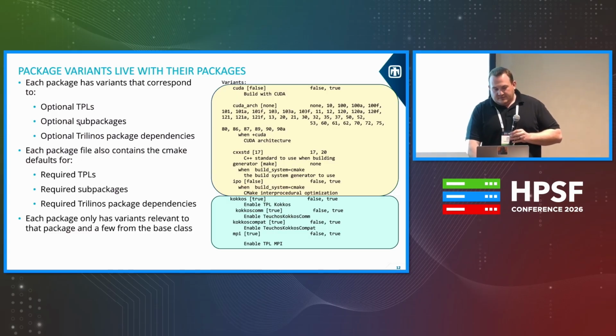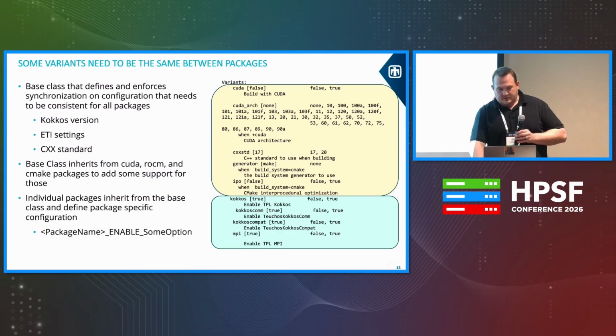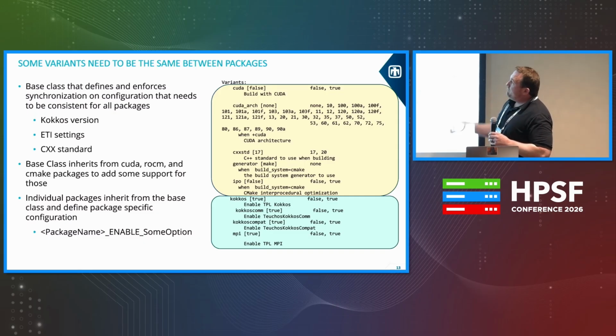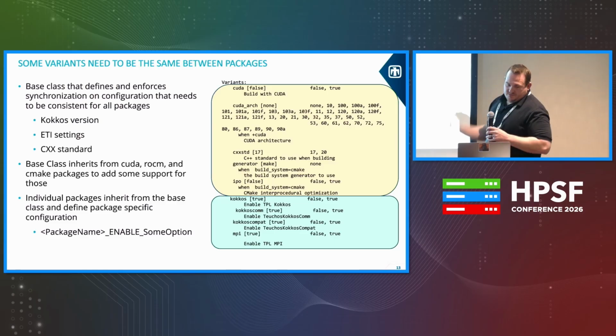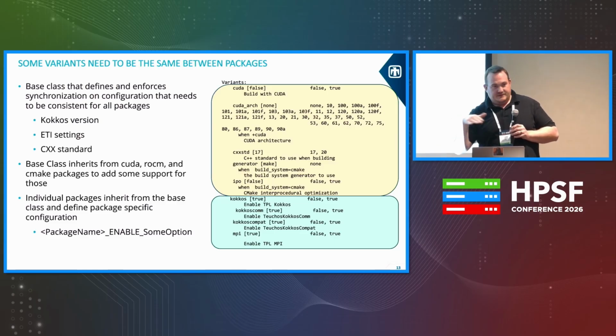Here are the ones I want to show: things that we would do from the base package, like CUDA arch, where they have CUDA on or off, ETI settings, things like this, that we want every package built to have the same settings.